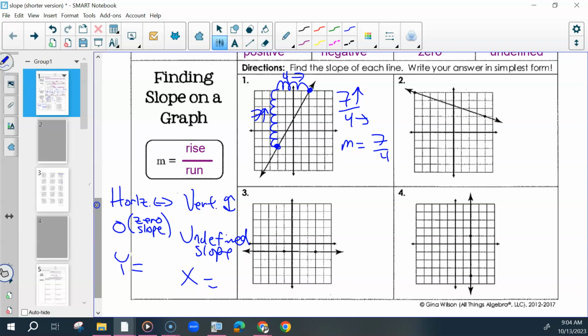Okay. I'm going to also show you that this works from the opposite direction. So instead of going up and right, let's say we started at this point, but we still have to do rise over run. So we're going to go down 7 and left 4.